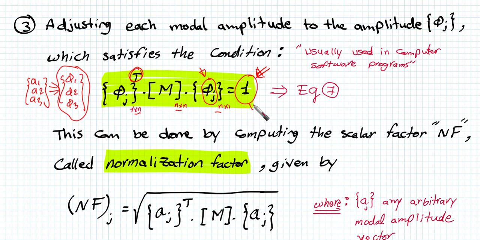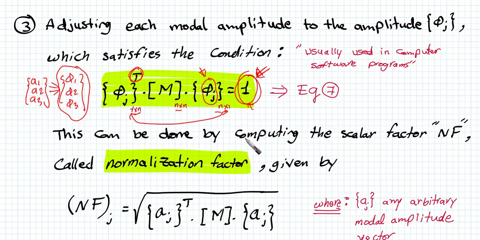It is a scalar value. Vector transpose times matrix times vector gives one scalar value. If this is 1 by n, where n is the number of degrees of freedom, the mass matrix is n by n, and the normalized mode shape is n by 1, we reach 1 by 1, which is a scalar value.